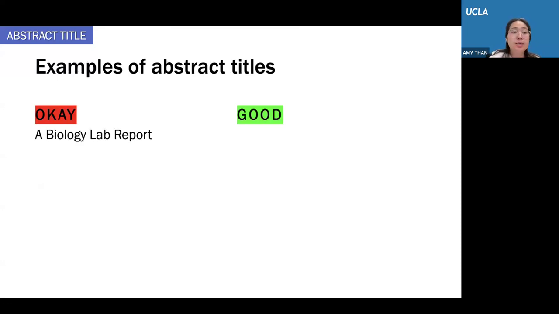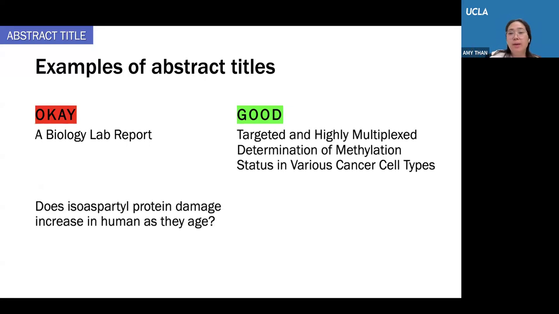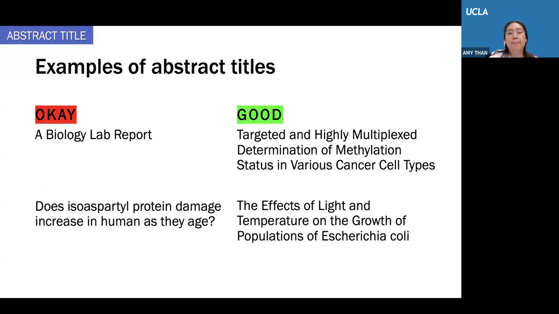So some examples. A bad one, or maybe one that's not as detailed or attention grabbing, would be "A Biology Lab Report." A good one would be like the ones we mentioned earlier, and also sentences rather than questions.